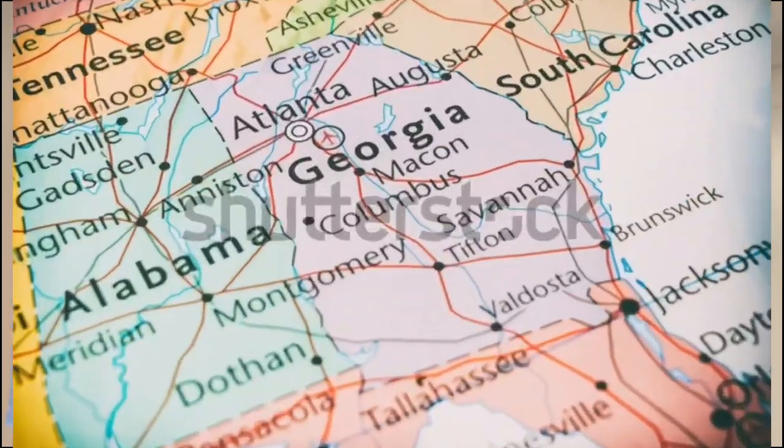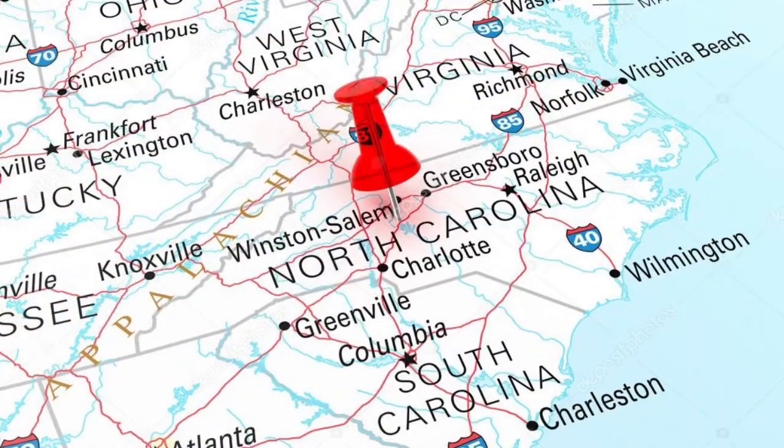For instance, you are enrolled in a school in the US and in a certain state, let's say Georgia or North Carolina, and for a year your cost of attendance for the program is, let's say, $50,000.